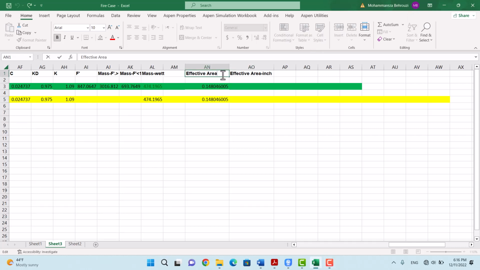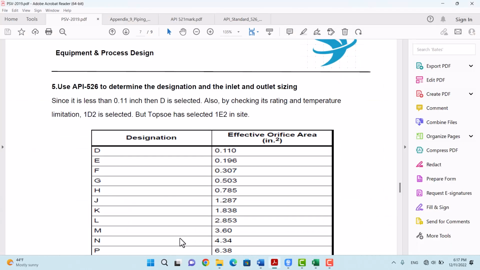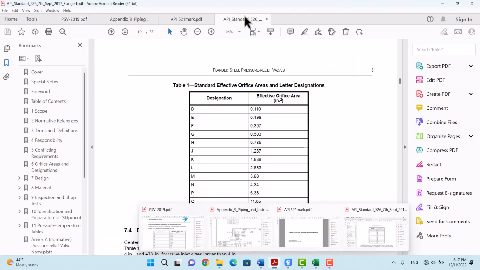So it is in centimeter. So this value is our calculated value. And of course, remember, in API 526, all of these are in inches. So we have to convert them in inches. And that was the reason why I converted to inches.